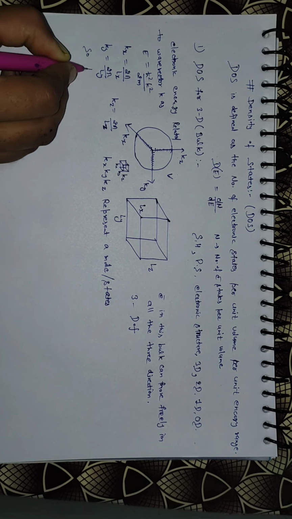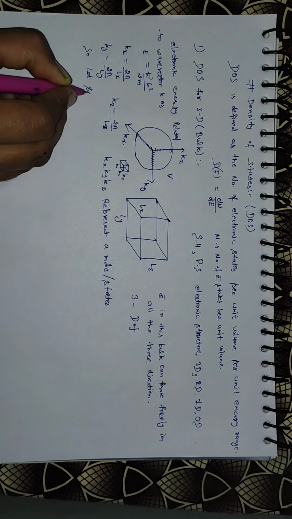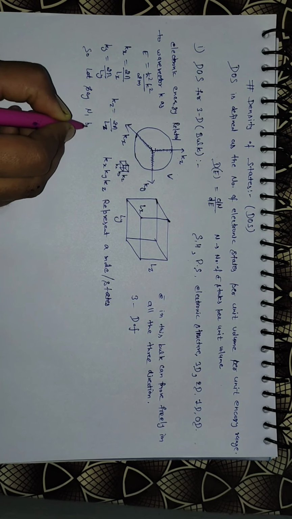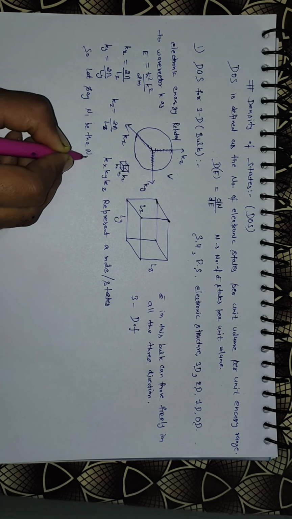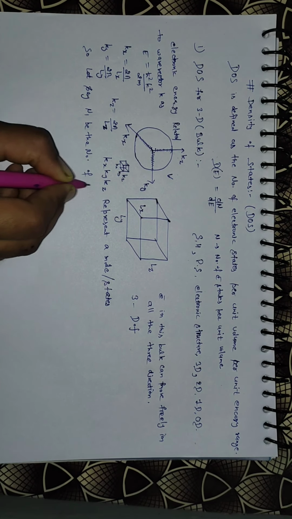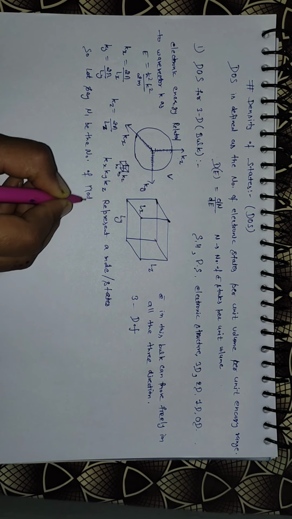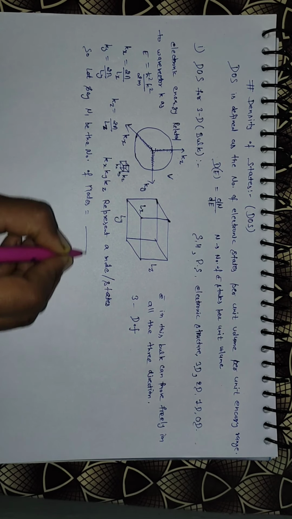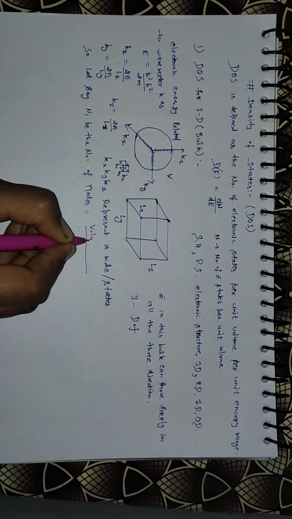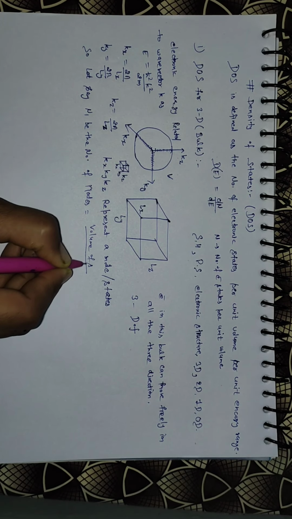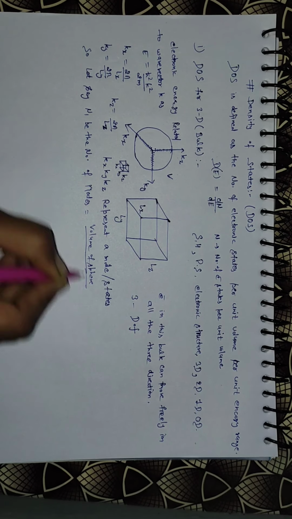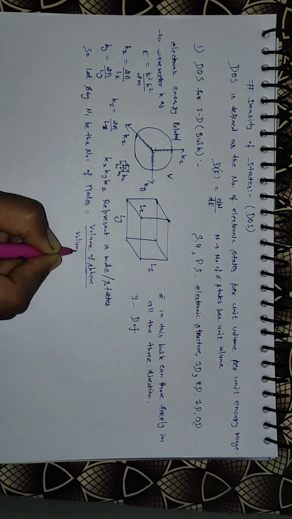So let's say n1 is the total number of modes, calculated as the volume of the sphere over the volume of one mode.